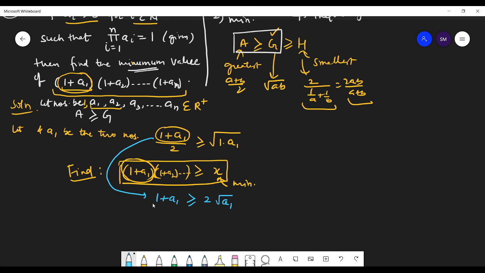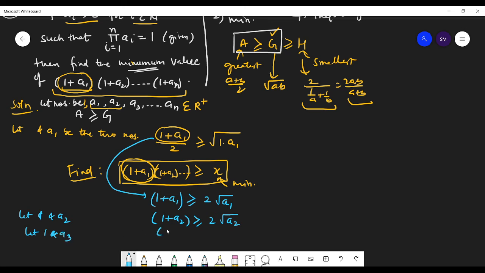Now can you take the next numbers? 1 and A2. Very good. So what you will get? 1 plus A2 will be greater than or equal to 2 under the root A2. Now let the numbers be 1 and A3.